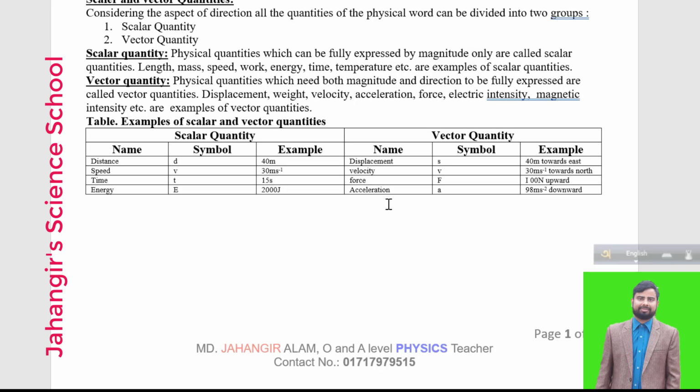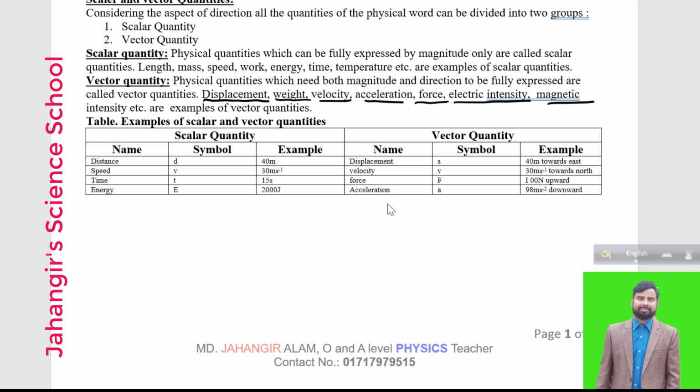Here are some examples of vector quantity: displacement, weight, velocity, acceleration, force, electric intensity, magnetic intensity. All types of intensity have a direction. So a vector quantity has both magnitude and direction.